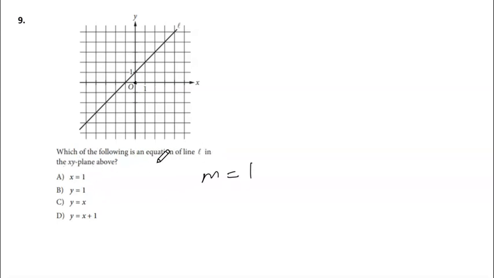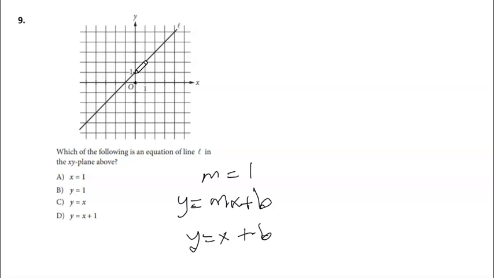Okay. So it says, which of the following is an equation of a line L in the XY plane, right? We know the general equation of a line is what? y is equal to mx plus b, right? In this, we know m. So we can write y is equal to 1 times x, so that will be x plus b. And then we know the intercepts.